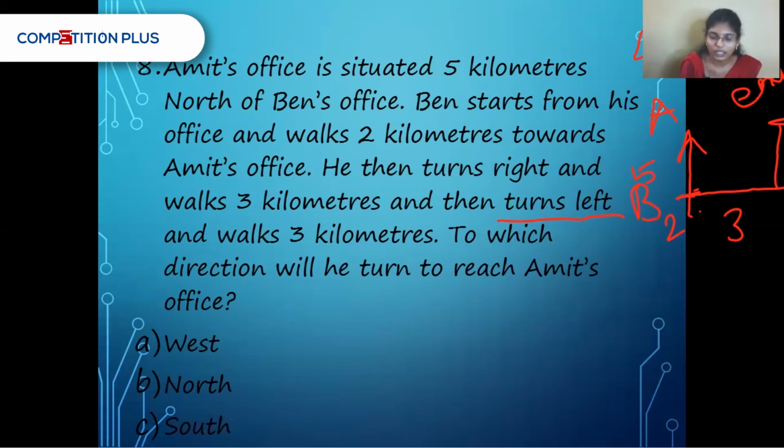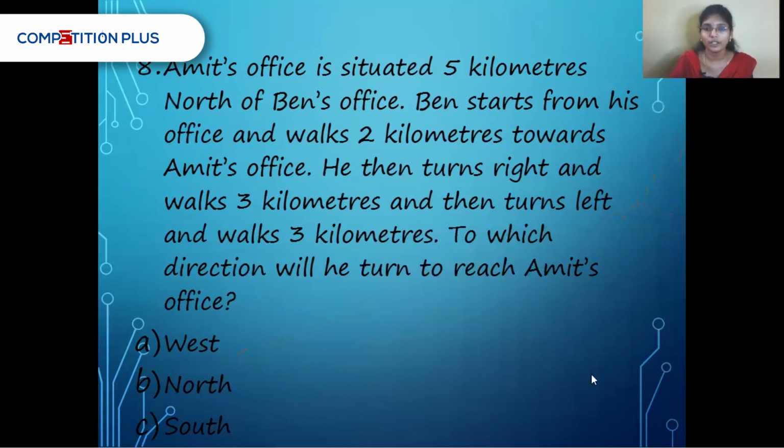Amit's office is here. Ben is here now. Towards his west. Simple. But the thing is, you should be very clear about situating the two persons' offices. If you misplace their office location, then the entire question may go wrong. So read the question very carefully.